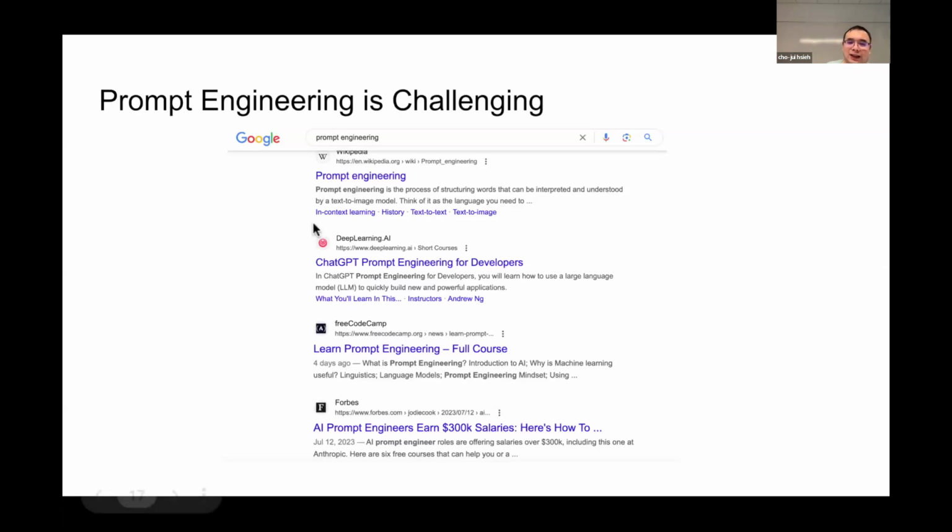I did this Google search more than 1 year ago, and there are lots of pages talking about how to do prompt engineering. There's a page saying an AI prompt engineer can earn more than 300K salaries, which shows this is an important task, and many people try to do that.